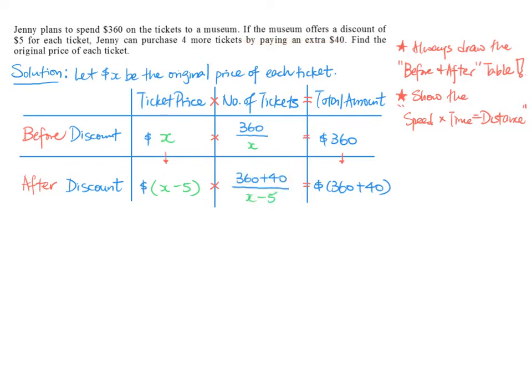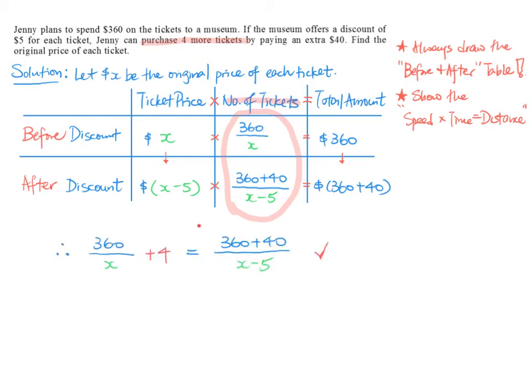So the sequence is more like you start from here and then you go to here and then it comes back like that. So now what? Where's the last piece of the puzzle? It's actually right here on the number of tickets. Before and after has a difference of 4 tickets, right? So now we have successfully formulated the equation, so we could continue and find the answer.